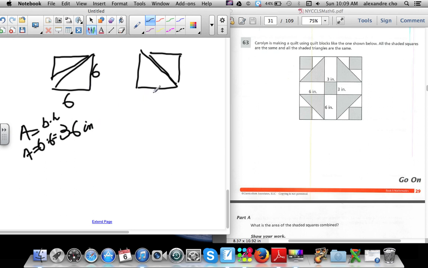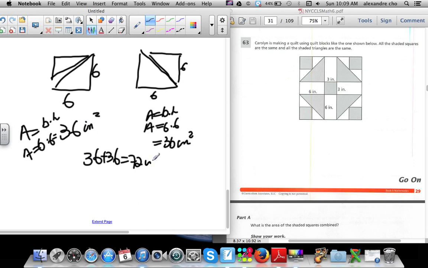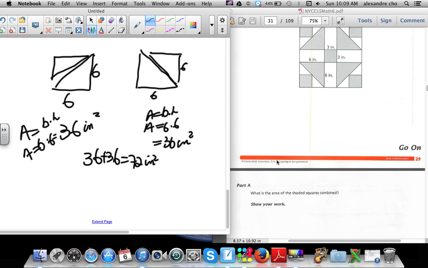The other 2 triangles, this is 6. The height is 6 because it's a rectangle. Area equals base times height. Area equals 6 times 6, and you get 36 inches. And I forgot to square on the other side. So the total will be 36 plus 36, which gives you 72 inches squared. That's the way they wanted you to do this one.